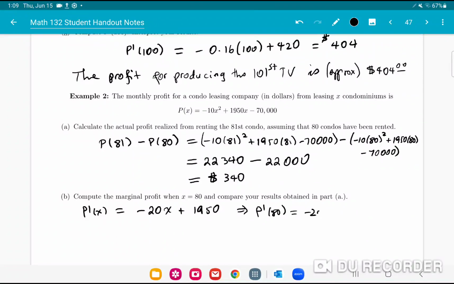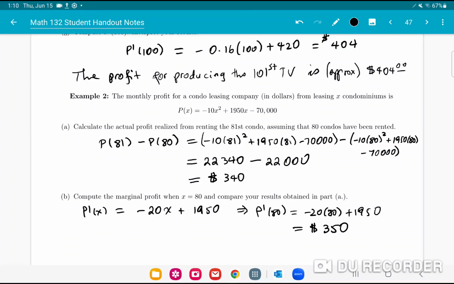This is minus 20 times 80 plus 1950, and that gives you 350.